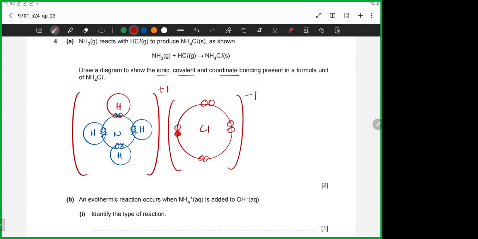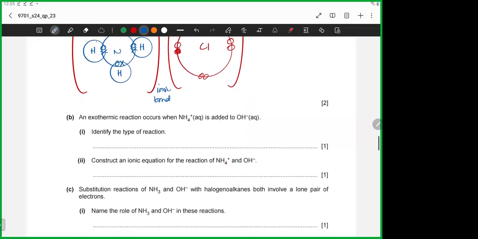So you have to label your bonds as well. This one is draw a diagram to show ionic, covalent. You can tell them that this is your dative bond. Those are your covalent bonds. This one is your ionic bond, right? So is this one clear?